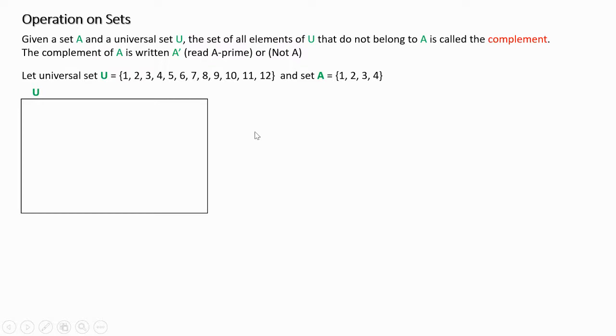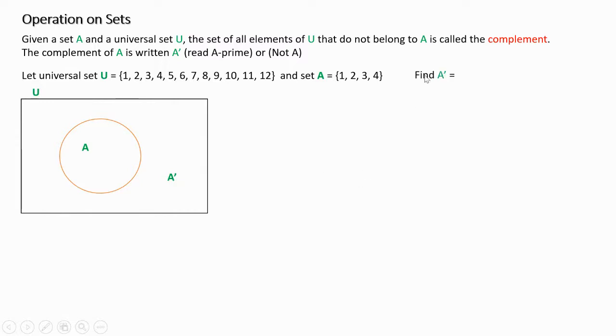So let me show you in a Venn diagram. This is the universal set, nothing else included, only what's inside this box. This is set A, and this is not A. How do we put all the elements inside a Venn diagram?